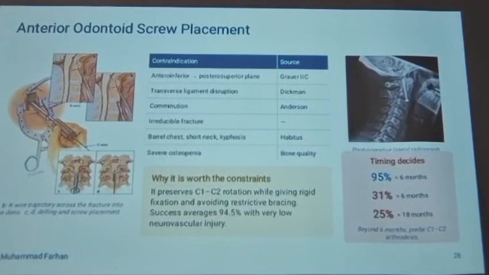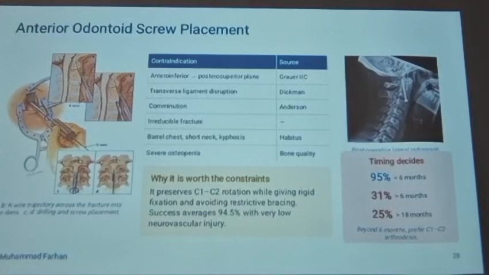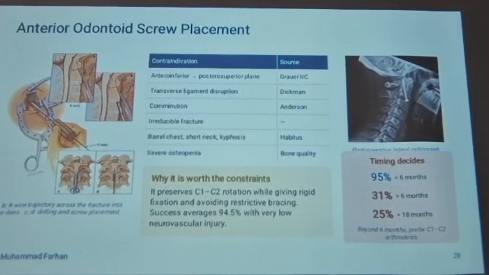While placing these screws, the fractured part of the C2 odontoid is reduced orally. The patient lies supine, and we can reduce the C2 fracture orally by placing a hand over the posterior pharyngeal wall, and it compresses the odontoid, and then the screw is placed.